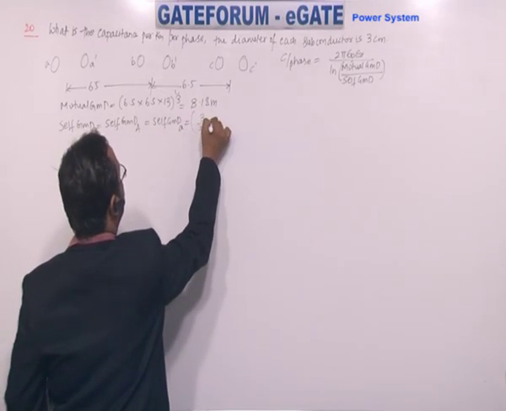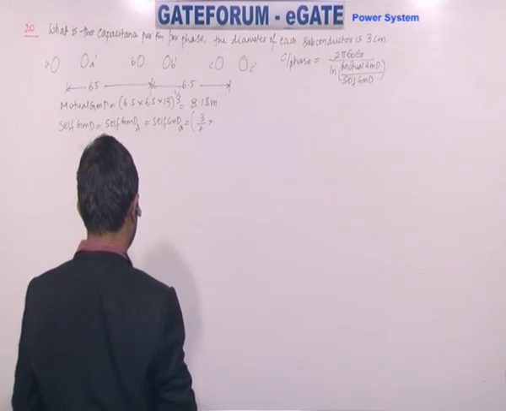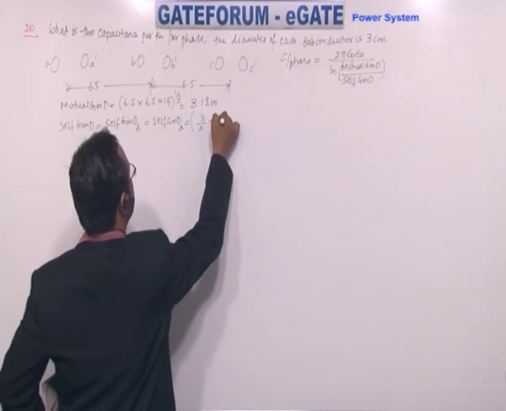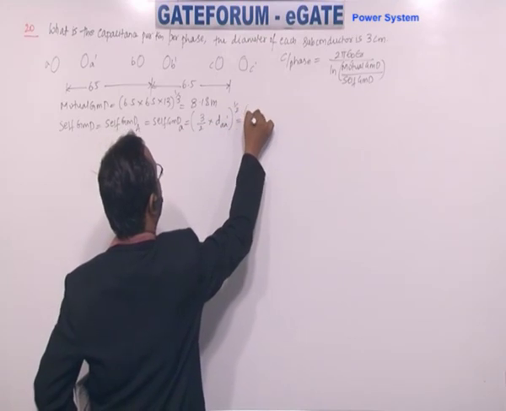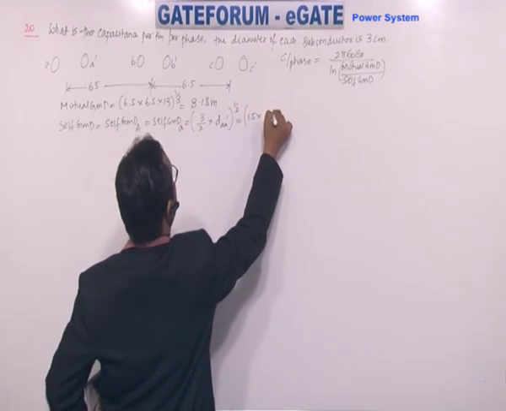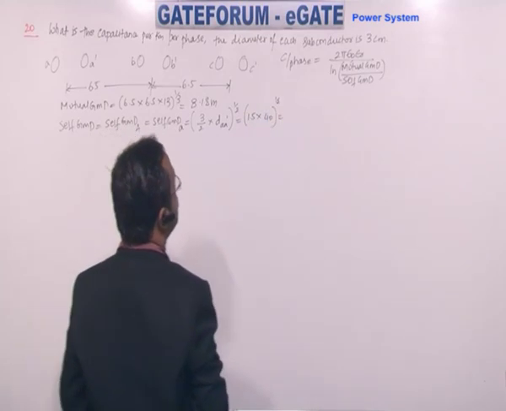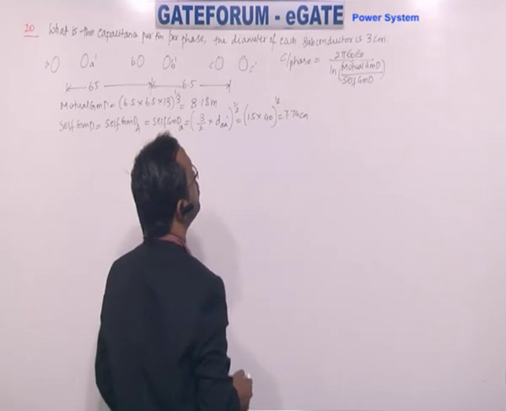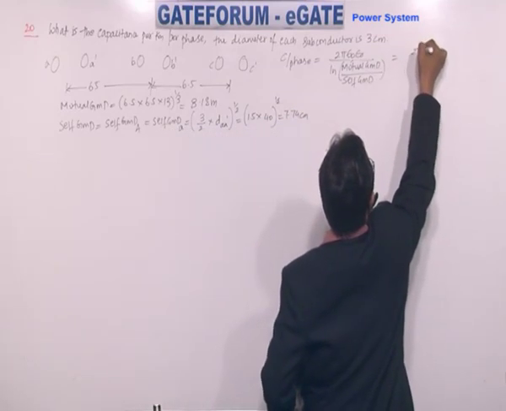You write 3 by 2. And what is the distance from A dash? Include the distance A dash. 2 distances, you apply square root. How much? 40 centimeters. So under root of 60, 7.74 centimeters.